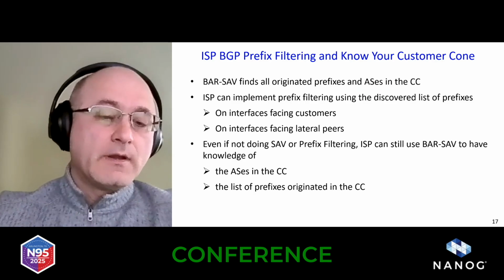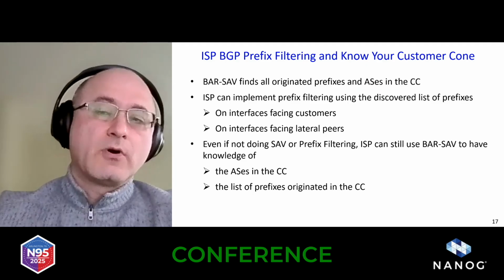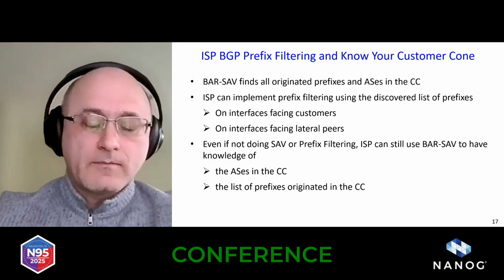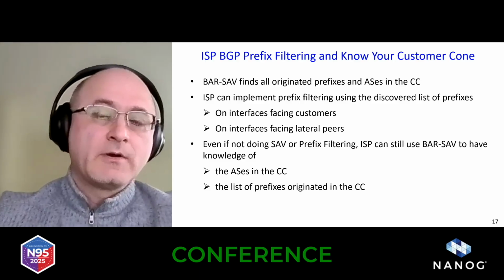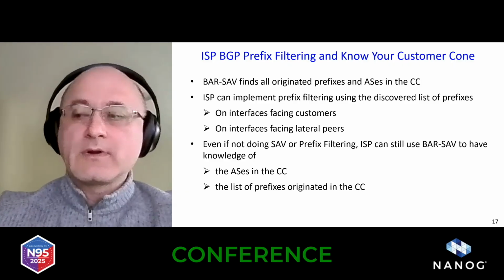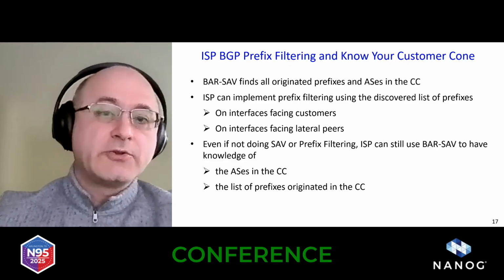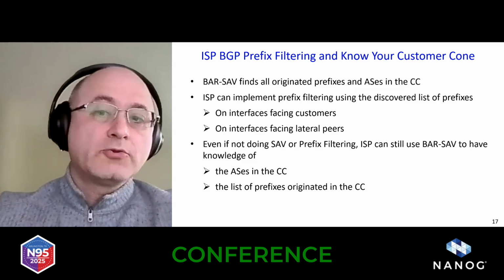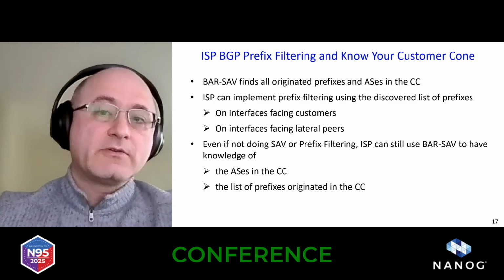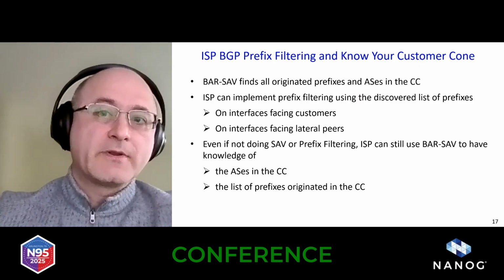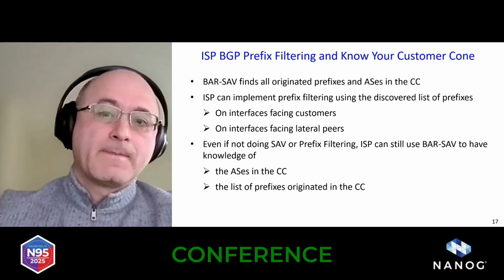And if the adoption of RPKI, so ROA and ASPA, is ubiquitous or very widespread within your customer cone, for example, if you know that, then you could actually use the information that you can glean from BAR-SAV principles to perform prefix filtering.